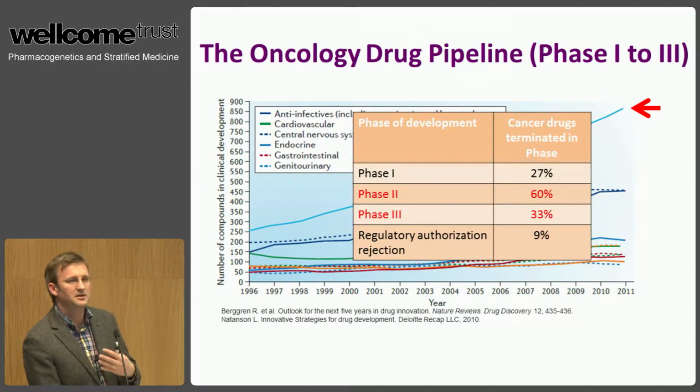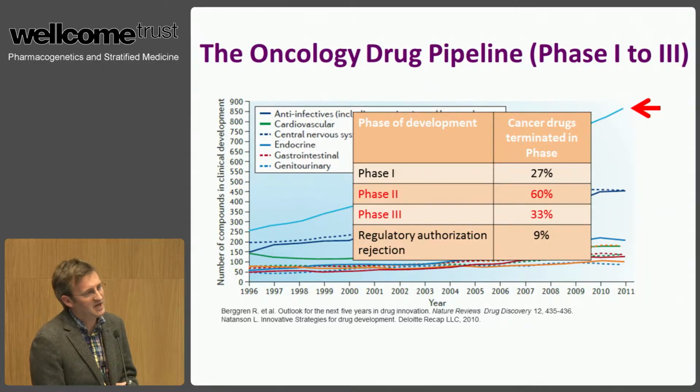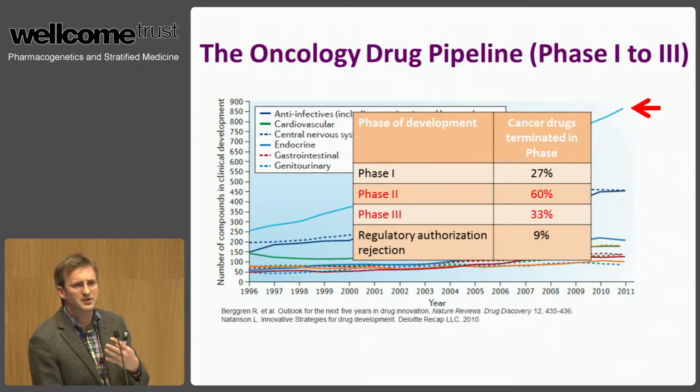And this is only getting more challenging as we develop new drugs to more diverse sets of targets. We're moving out of the world of just targeting kinases. We're targeting the metabolic machinery, the epigenetic machinery. And it's very unclear how we're going to position those molecules in the clinical setting to maximize their efficacy.